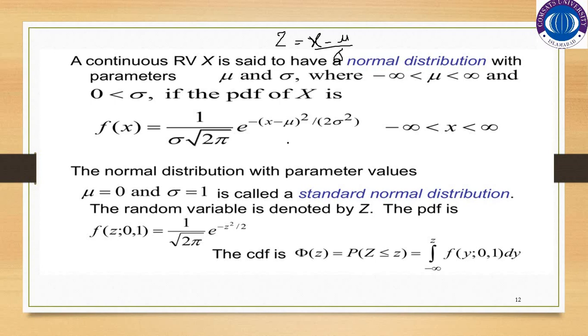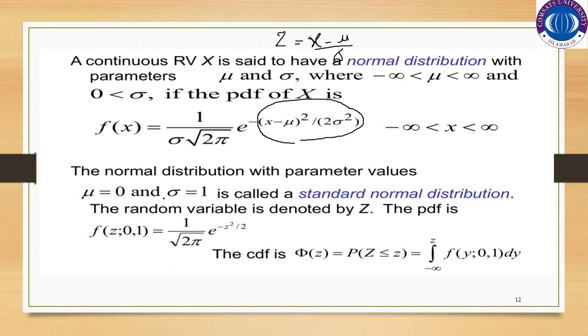So if you see this part, x minus mu whole square over 2 sigma square, this will be equal to z square over 2, this 2 will come here, over 1 over under root 2 pi, and you know that sigma is equal to 1 as this is the standard normal distribution.